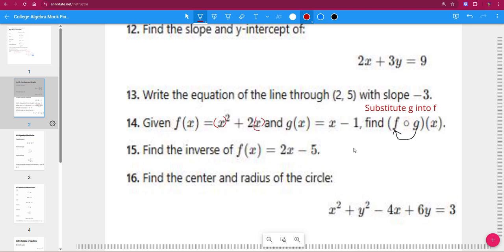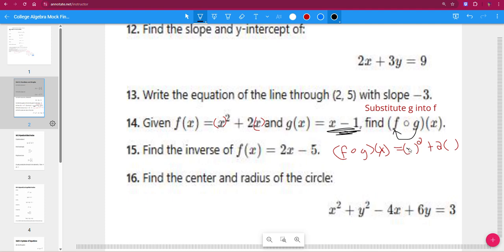So when I write that out, f of g of x, I'm going to start by writing f with just parentheses: parentheses squared plus 2 parentheses. And what am I plugging in where the parentheses are? x minus 1. I'm plugging what g is into those parentheses.